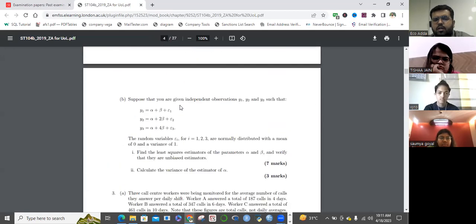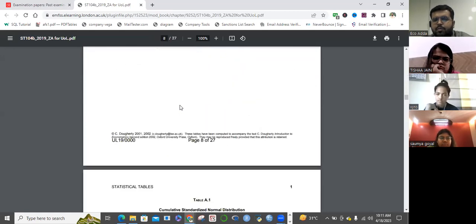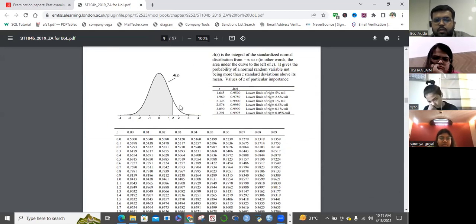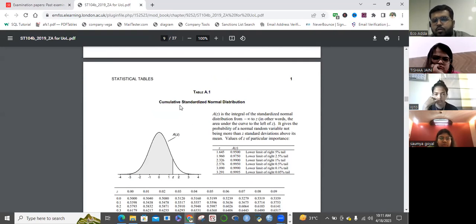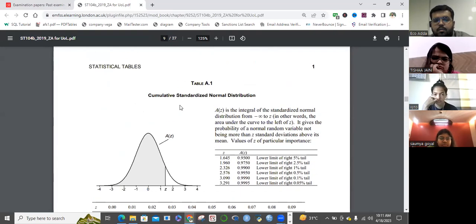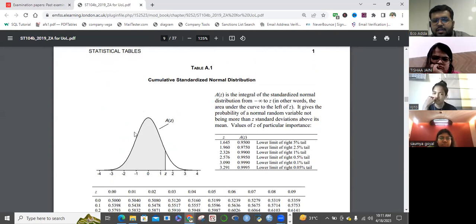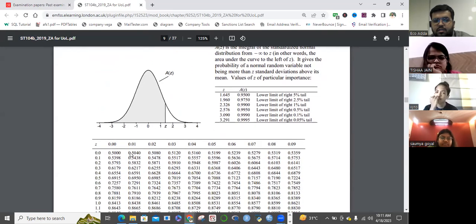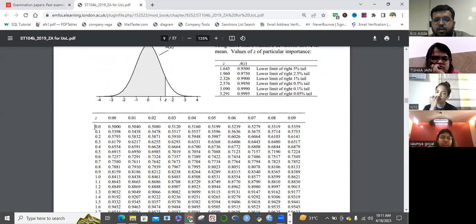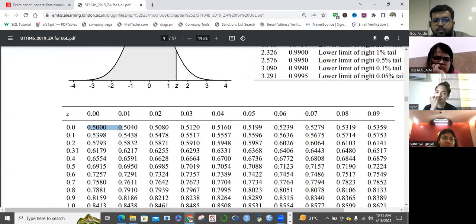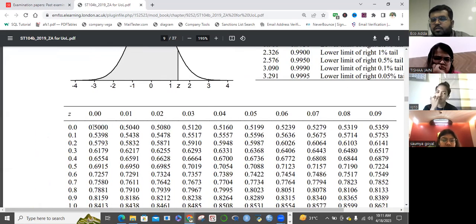So right now I'm not looking for papers, but I'm looking for tables. So this is table number 4, according to our table, and we can see that this area is left hand side area, right? This table is giving us the left hand side area. Can we say that? Now in this case, they have used z. So for the value z equals 0, what is your answer? 0.05.